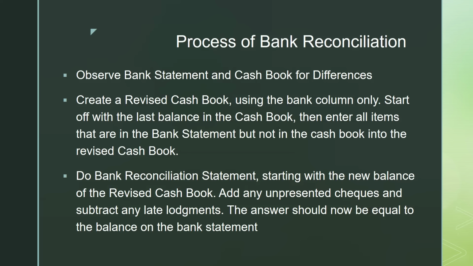So whenever we put money in our bank account, the bank would credit it because the bank knows they now owe us that money. Whenever we take money from our bank account, the bank now owes us less money, so their liability decreased, so they would debit. So the bank basically records it the opposite way we record it.